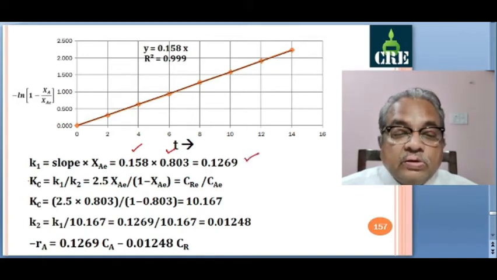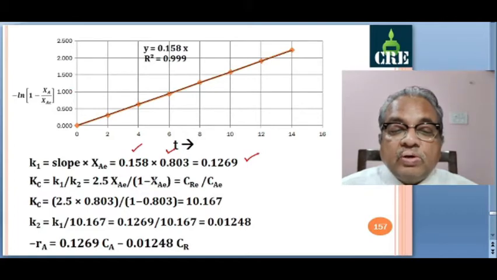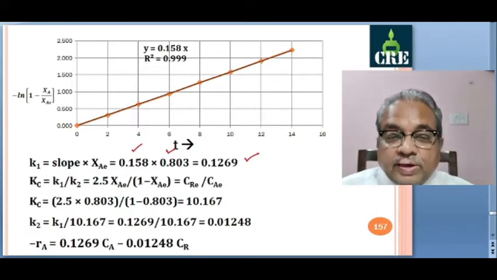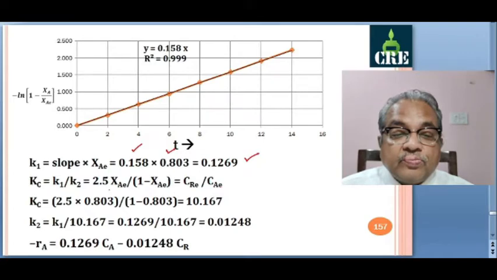Okay. This Kc is k1 by k2, and that is nothing but 2.5 XAE by 1 minus XAE, because the stoichiometry is 1 to 2.5. This we have seen many times. That is nothing but CR at equilibrium by CA at equilibrium.